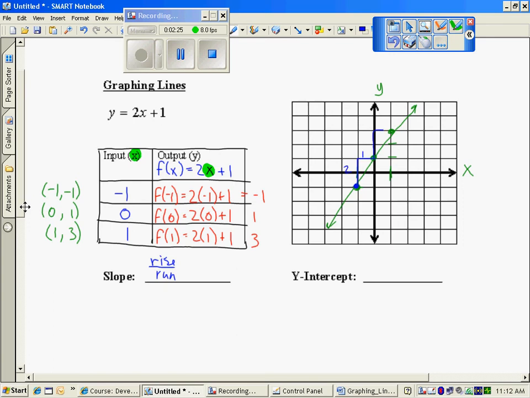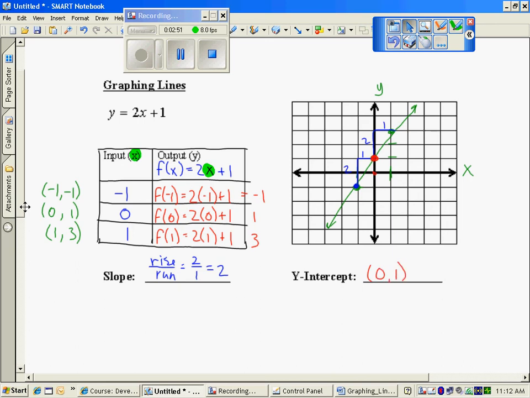So the slope of this is rise 2, run 1, which is equal to 2. My y-intercept, where does my graph hit my y-axis? My graph hits my y-axis at this point, and that point has an ordered pair from the origin, which is located here. The origin is 0, 0, so this point is 0, 1.